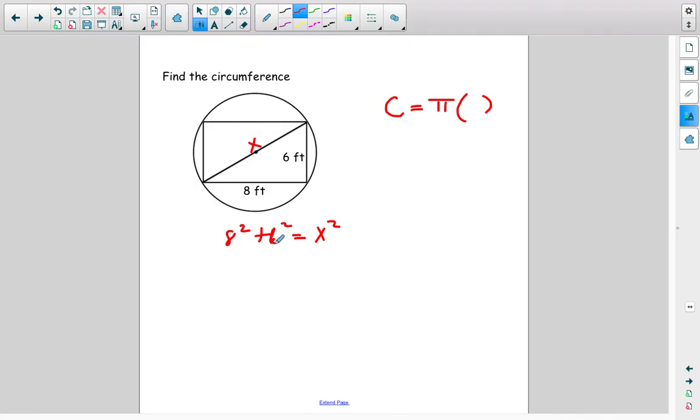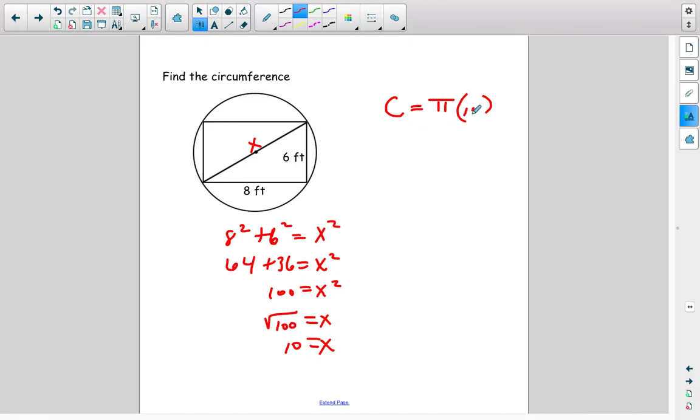Now maybe you're a quick student and you happen to catch that this is a 3, 4, 5 triangle, and you can skip right to the end there. It's cool, go for it if you know how to do that. Otherwise, you have to work it all out and you come up with 10. 10 is the diameter, which is the same as this diagonal.